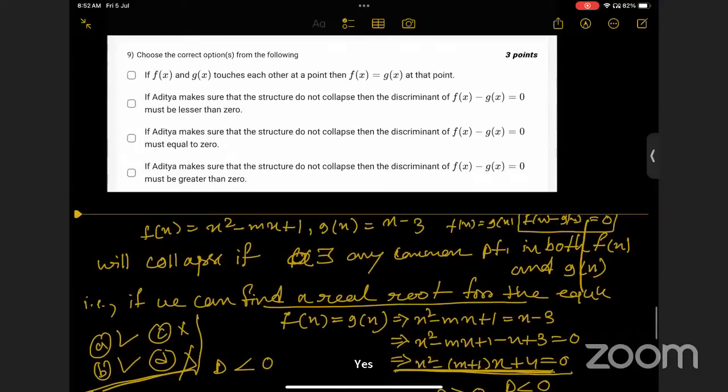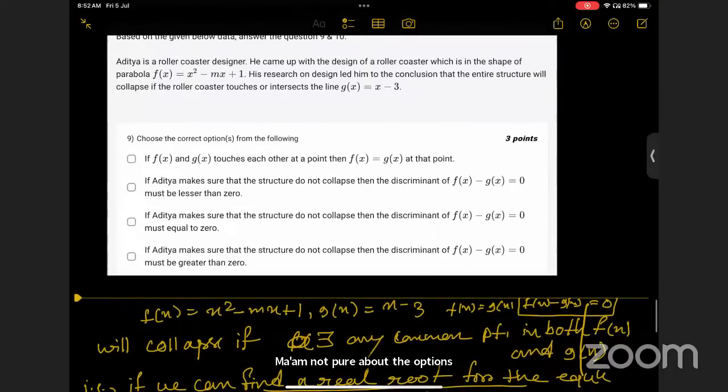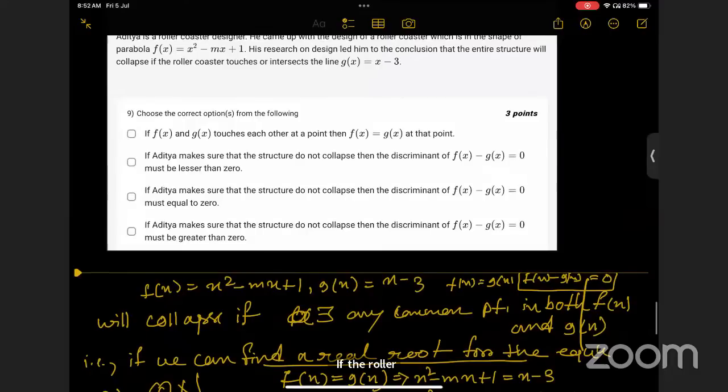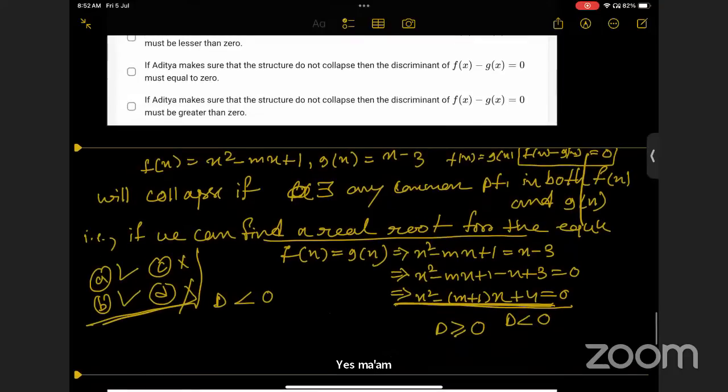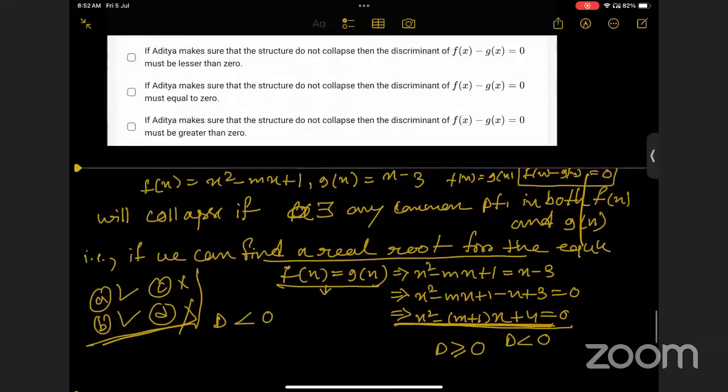What is your doubt? I'm not clear about the options. Okay. Here they asked: the structure will collapse if the roller coaster touches or intersects. The first option is clear, right? Yes. For the second option, if the structure does not collapse, then this equation does not have any real root, right?